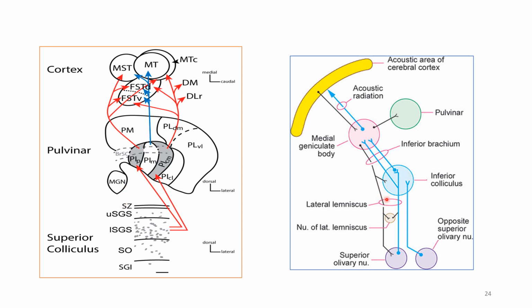This is the inferior colliculus. This is the lateral lemniscus. So it will receive both auditory sensations and visual sensations through the colliculi, the inferior colliculus and superior colliculus.